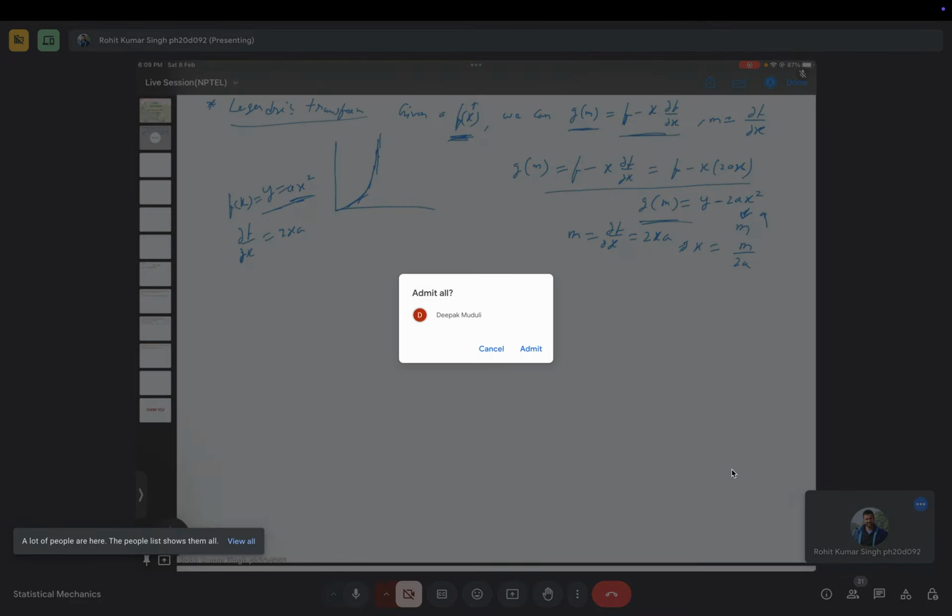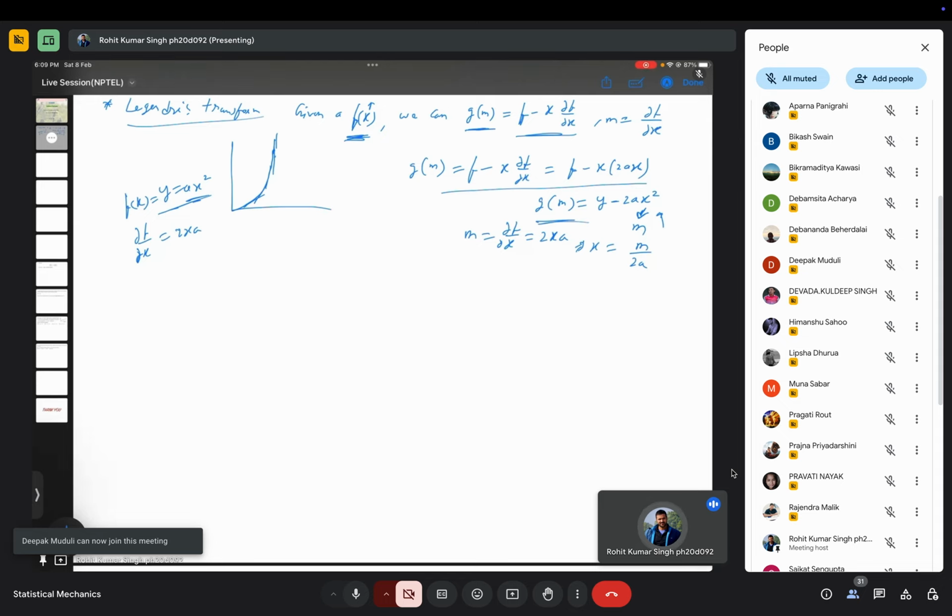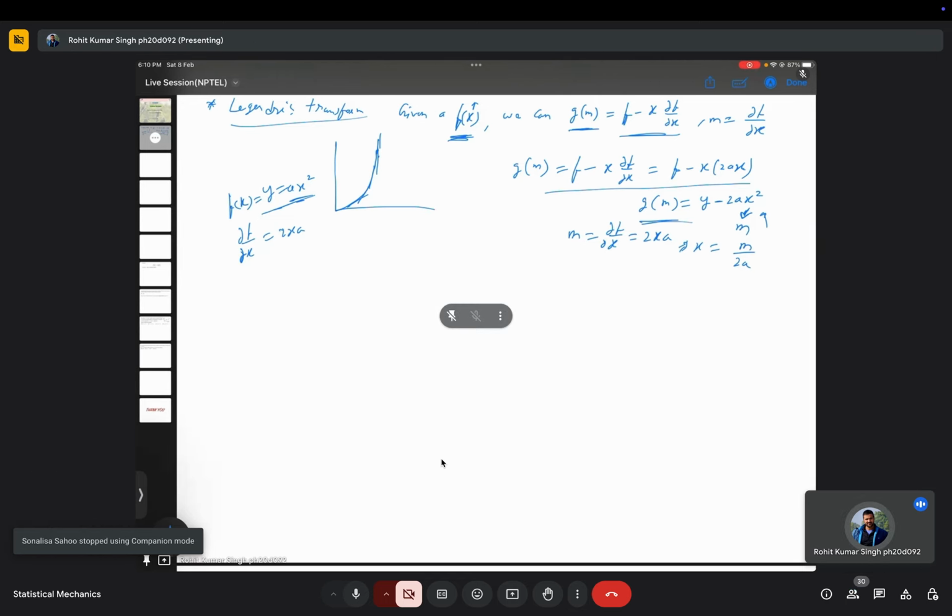What I basically want to say is that by doing the Legendre transformation, we find an equivalent way of representing any function. Such as we find a way to represent this curve using a function depending on the slope at all the points.